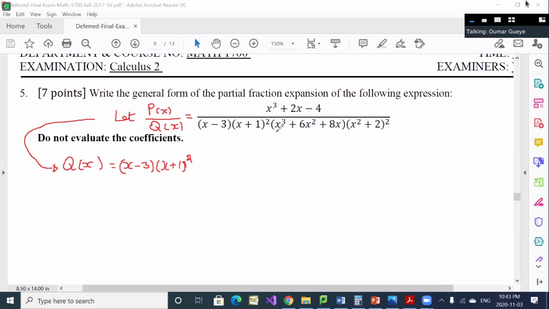I'm going to take it from here. It's not quadratic. I'm going to take x out. So I'll get here x times (x squared plus 6x plus 8).